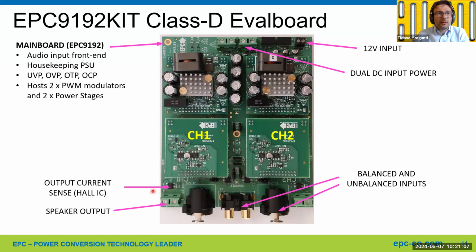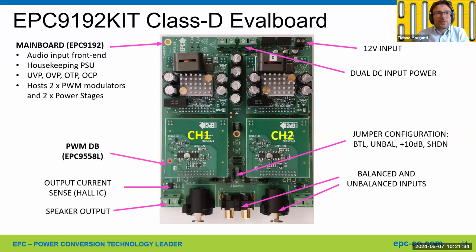This is the current sensor for the overcurrent protection. And we have some jumpers to configure the board in BTL mode, unbalanced mode. The input-output gain can be set to about 20 or 30 dB, and to keep the power stage in shutdown. So this is the PWM daughter board, and this is the power stage daughter board.